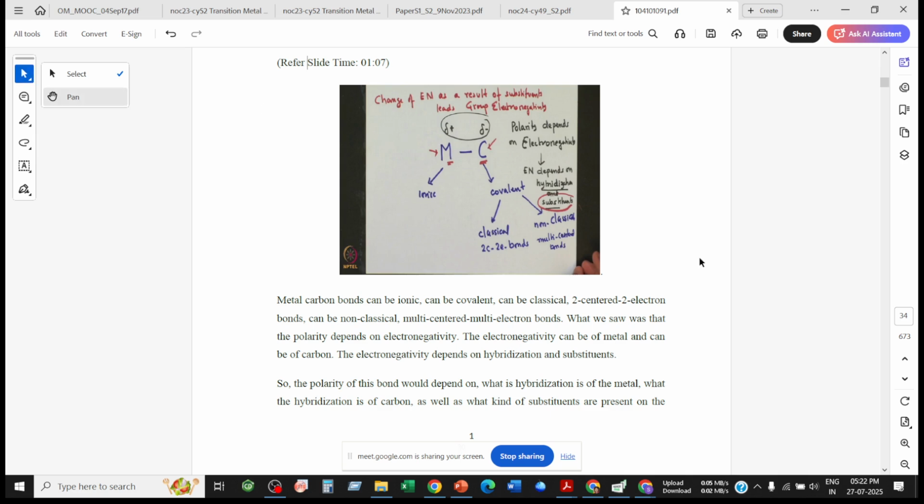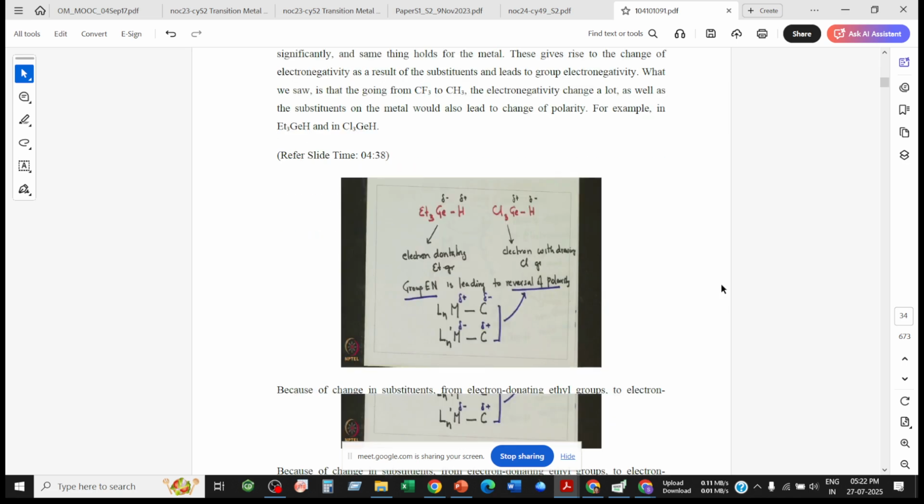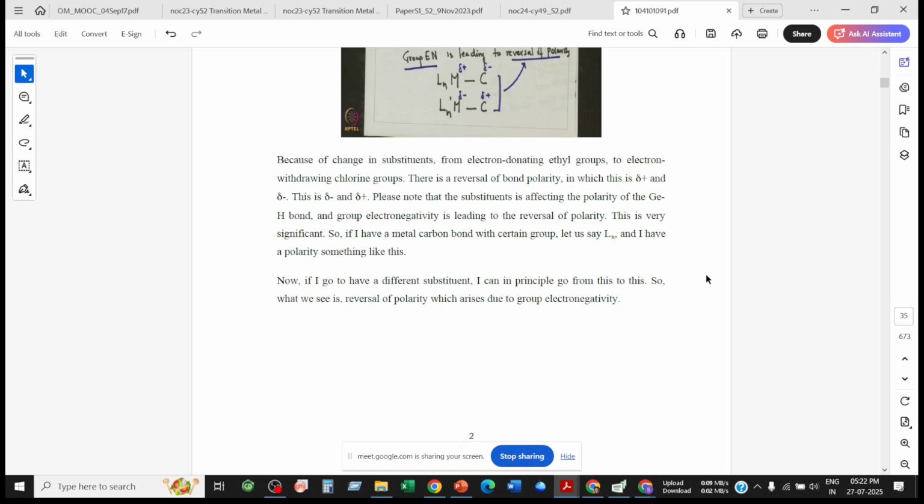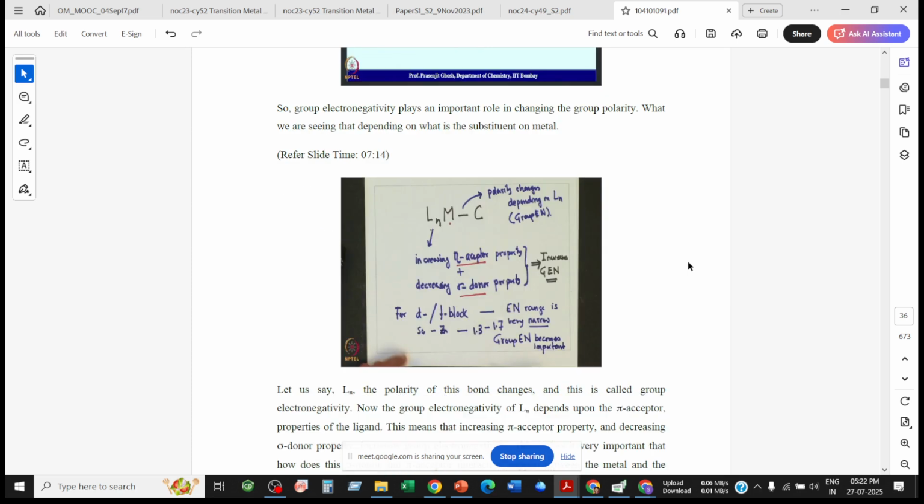Is it the metal bonded to CF3? Yes, because fluorine has a high electronegativity and an electron withdrawing nature. Fluorine has a higher electronegativity than hydrogen, so the electron withdrawing effect of the fluorine will be more, and that is why the extent of charge separation, the negative charge on the carbon, will be more compared to CH3.